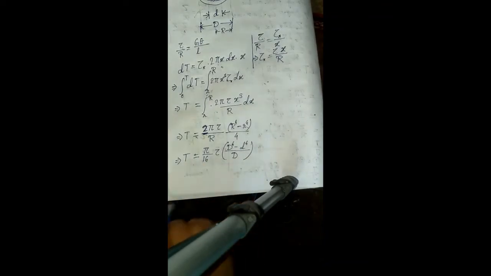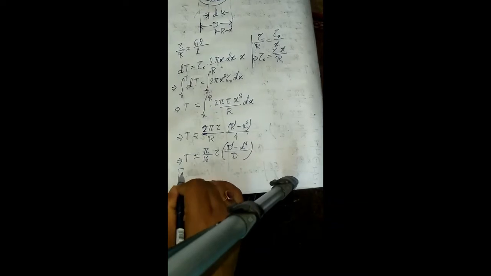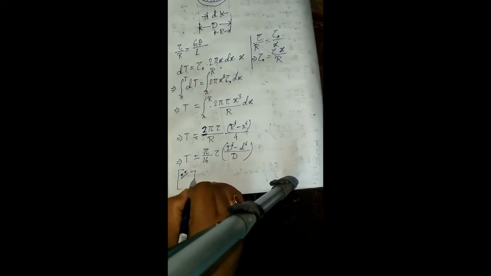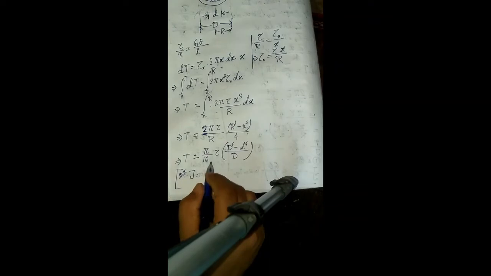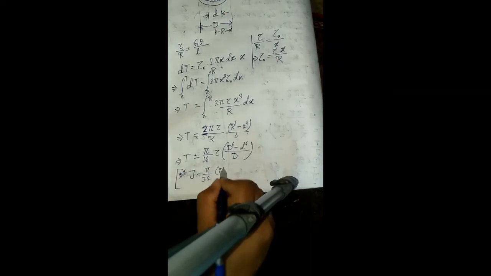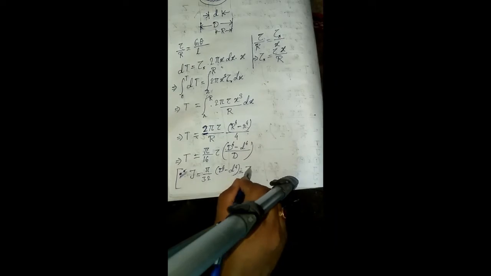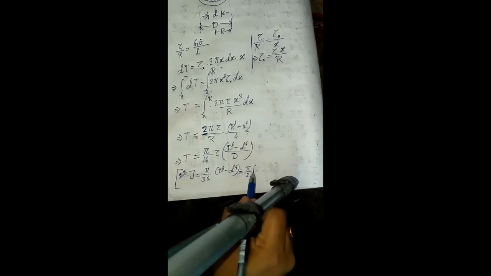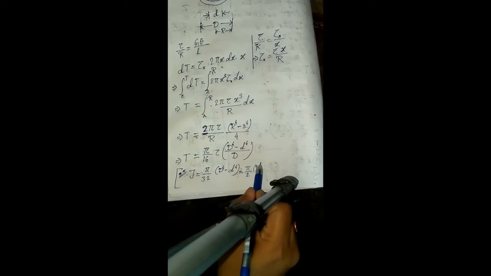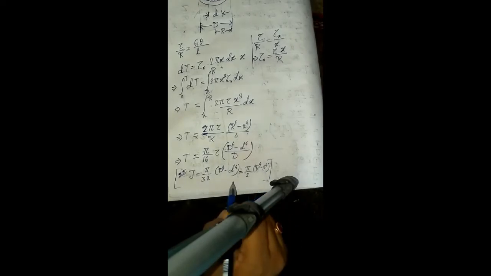From the polar moment of inertia relation we can write J equals pi by 32 into D to the power 4 minus small d to the power 4, or pi by 2 into R to the power 4 minus small r to the power 4. This is the value of J.